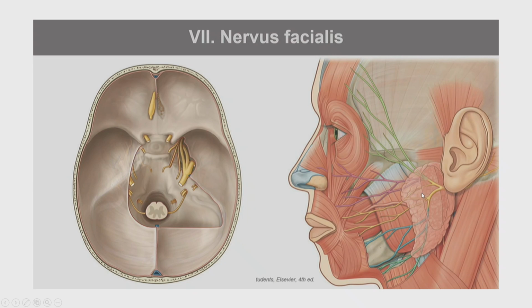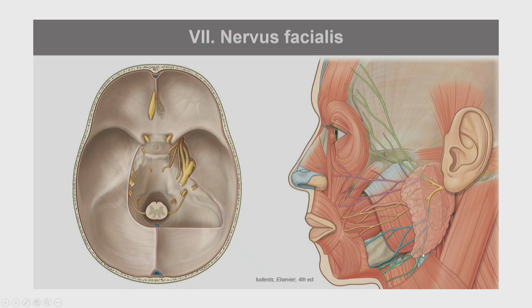Inside the parotid gland it makes a plexus, and it gives five branches. One goes to the temporal region as the temporal branch of the facial nerve, one goes to the zygomatic region as the zygomatic branch, one goes to the buccal region, the yellow one, as the buccal branch, and one goes to the lower margin of the mandible as the marginal mandibular branch.